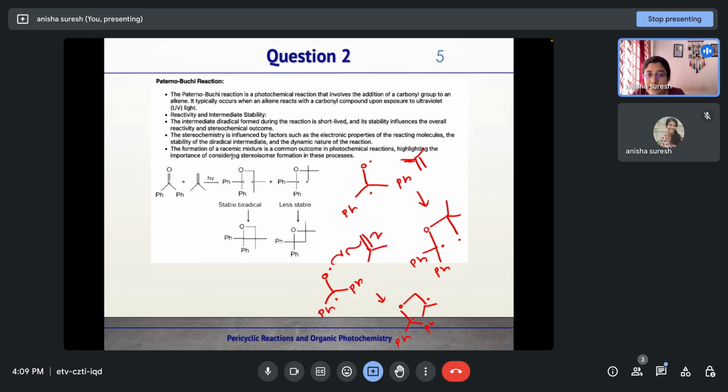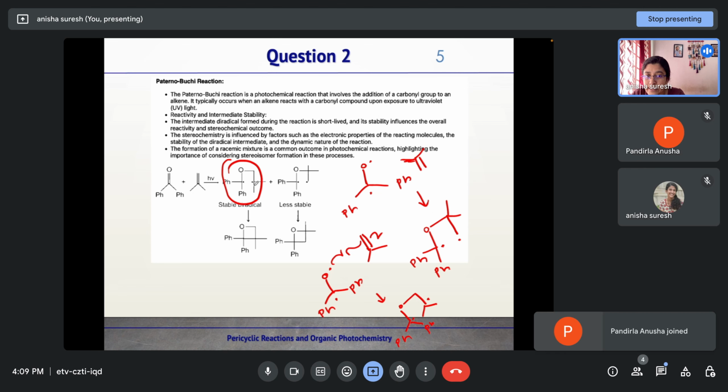So this is the more stable biradical, because here a benzyl radical is there and here a tertiary radical is there. Here this is less stable because of the presence of this primary radical. So this stable radical will be leading to the formation of the major product.